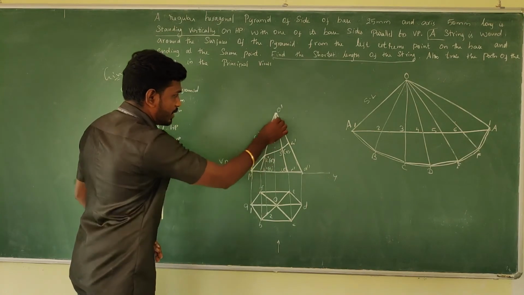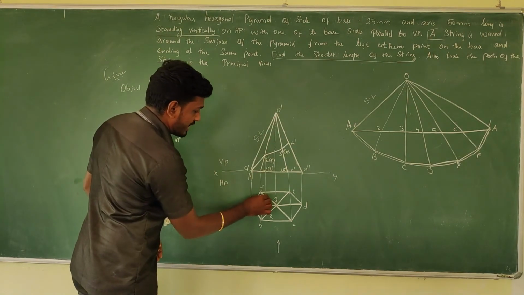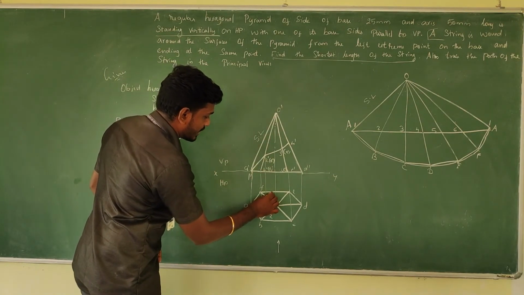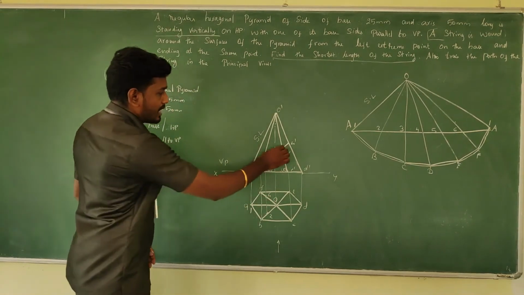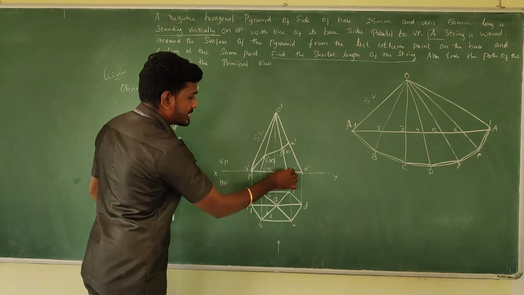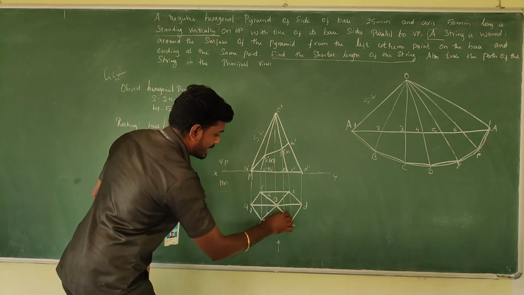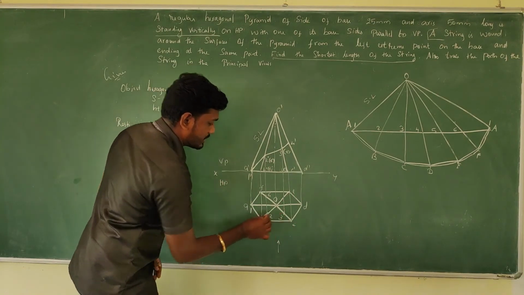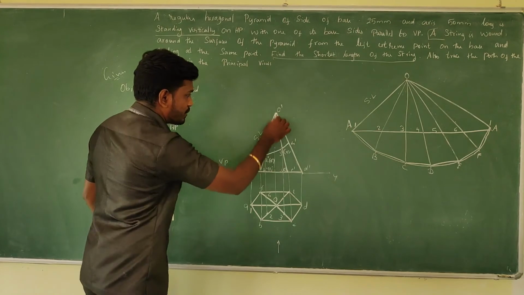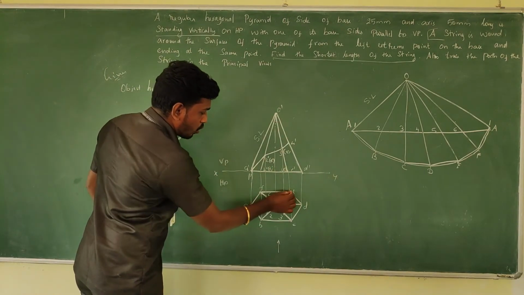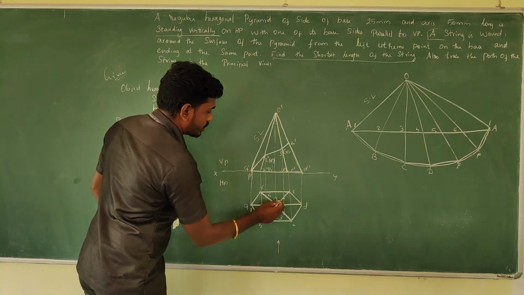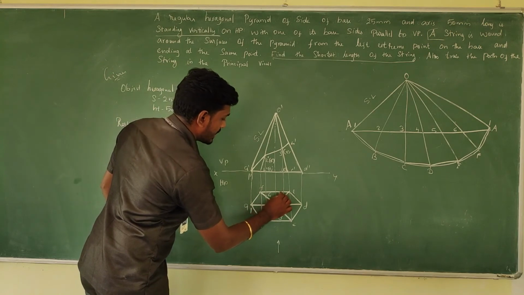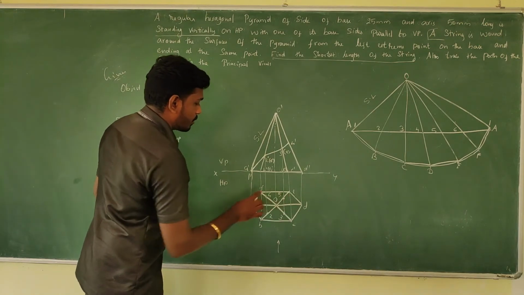6, it is between O to F. O to F, here the projector is already taken, so this would be 6. 3, it is between O to C, take the projector, intersect with O to C, you will get 3. 5th point is between O to E. O to E is here, so the projector is already taken, so this would be 5.